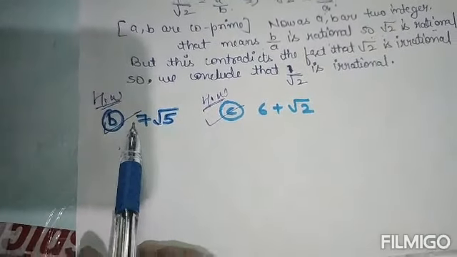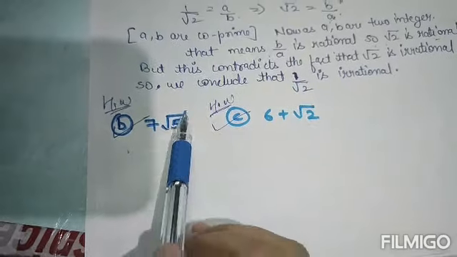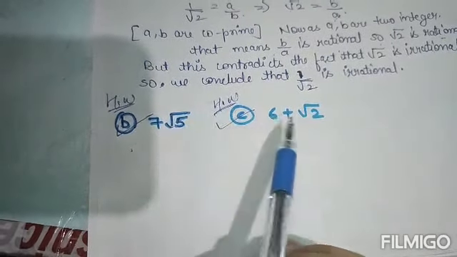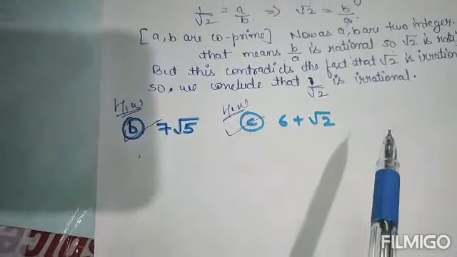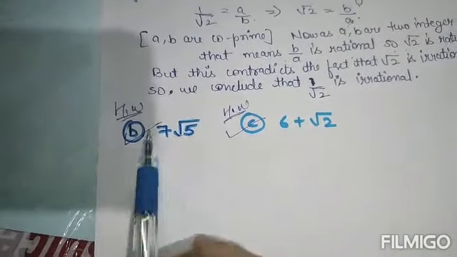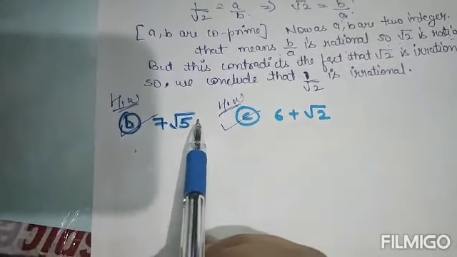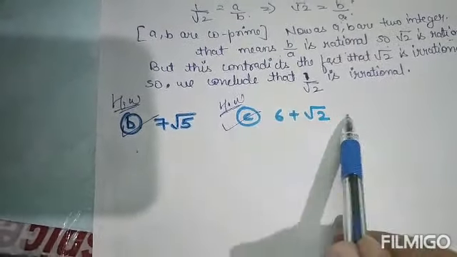So now look how you will prove. It will be the same procedure. Firstly, step 1, you have to prove root 5 or root 2 as irrational. Then in the next step, we have to assume these two as a rational number which can be written in the form of a by b.